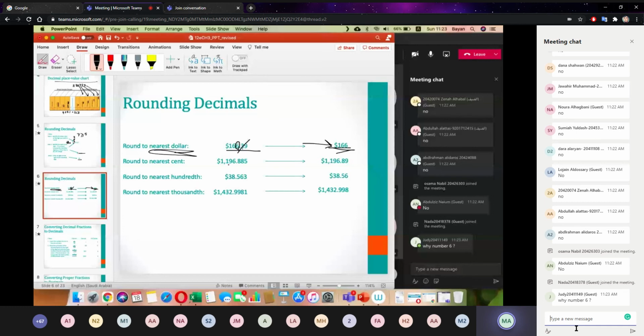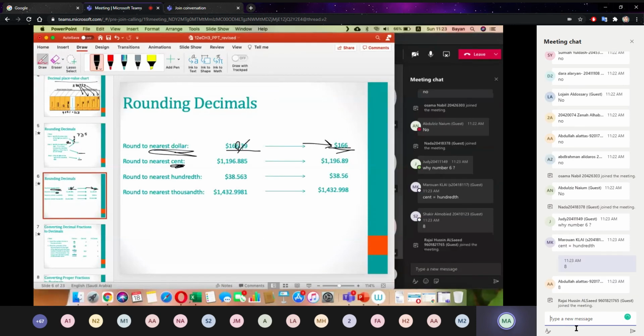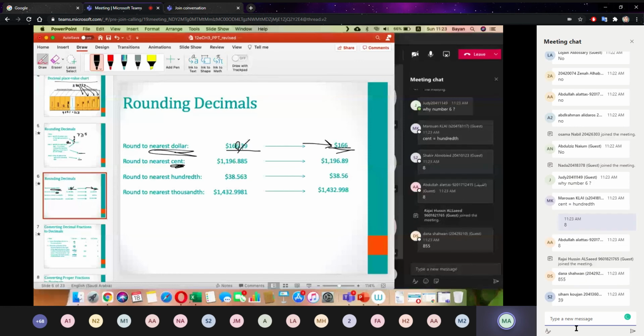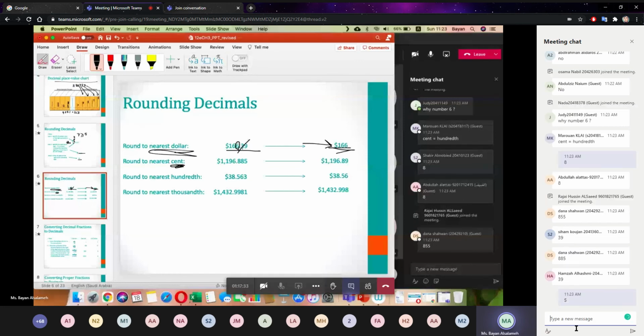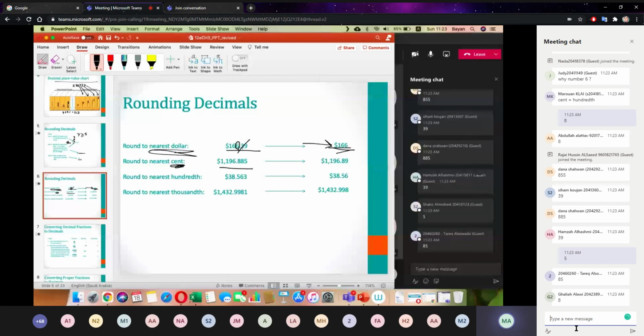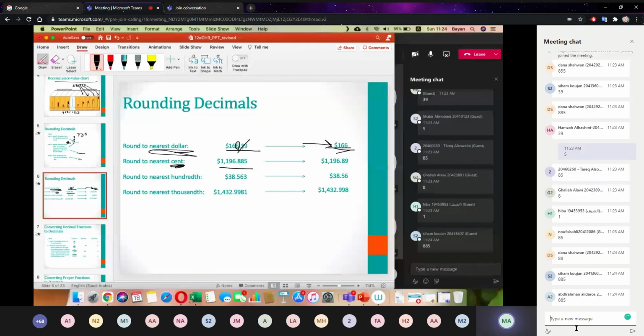Where is cent here? No, cent is not hundredth. Where is cent? We have 1,196.885. Where is cent here?